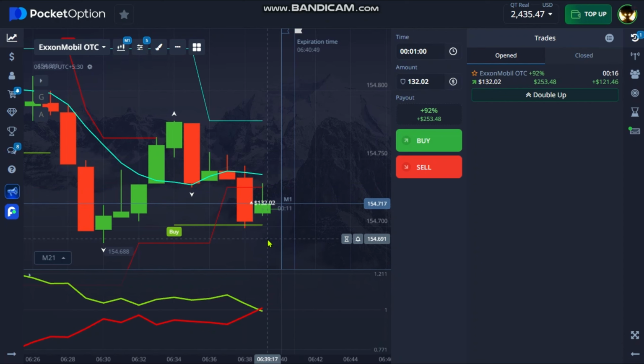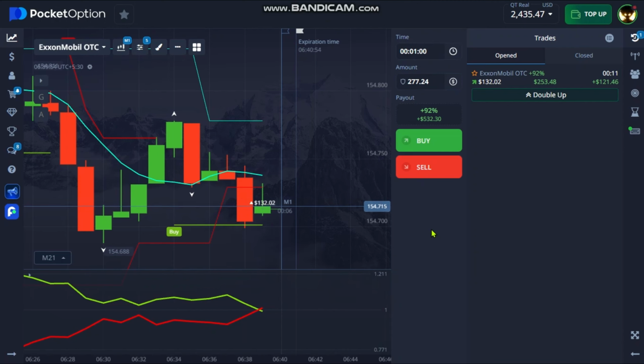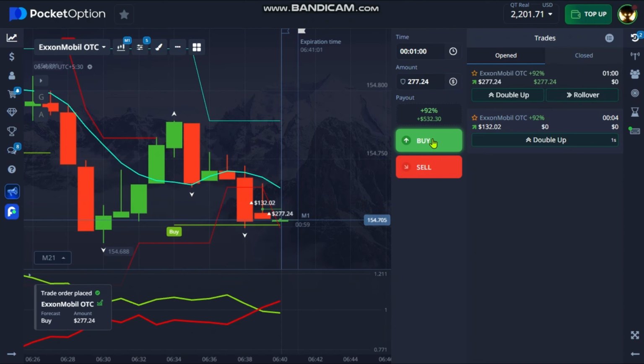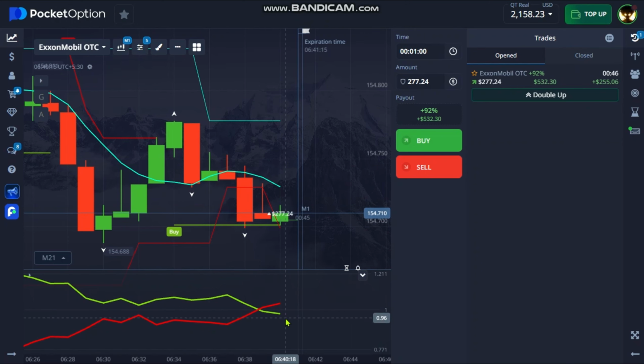So let's see. It doesn't matter. It's definitely going upward because there is no force towards downwards. Even though the vortex is going downward, there is no force. It should definitely go upwards. Let's wait and see the results.